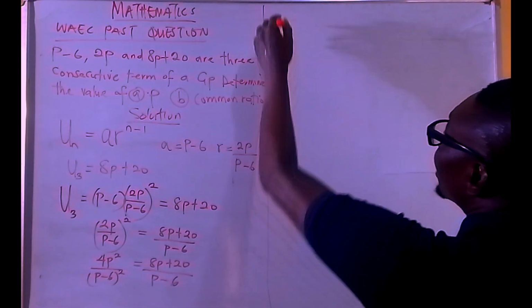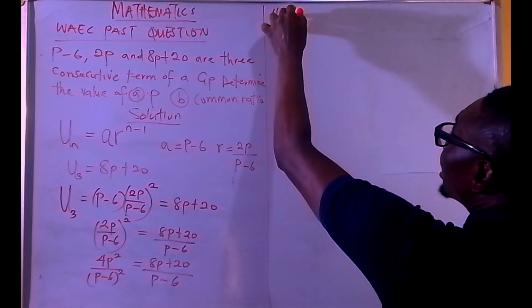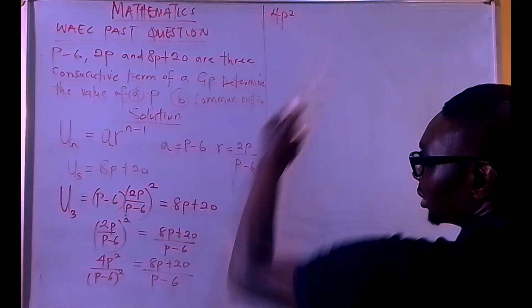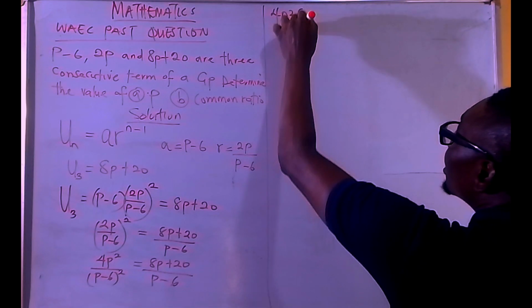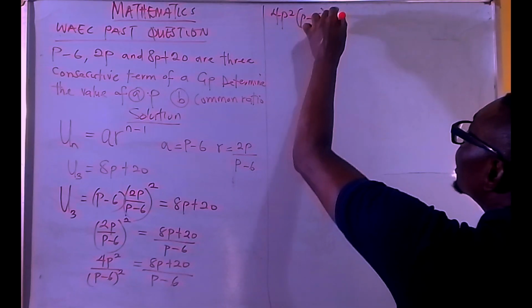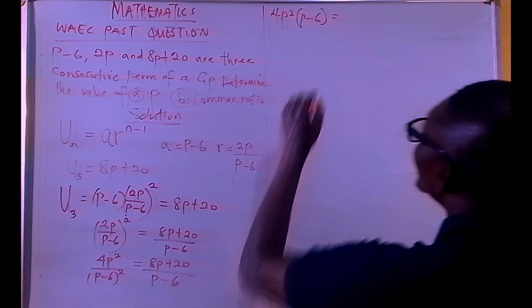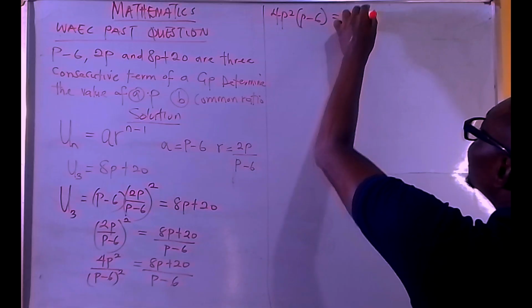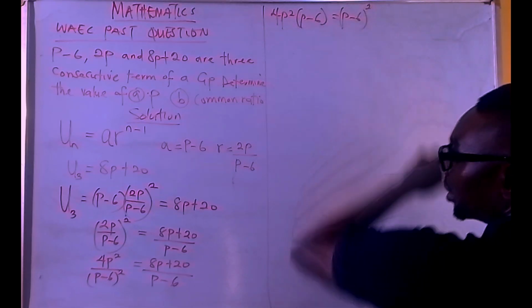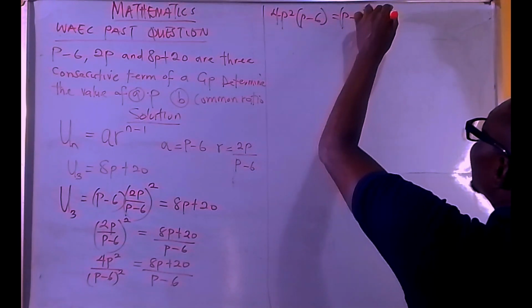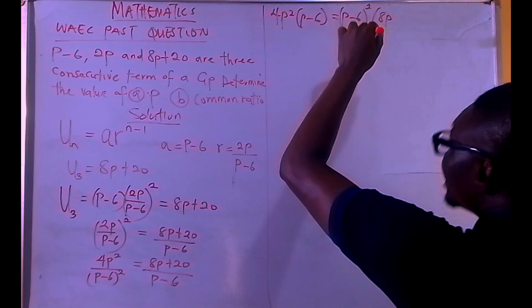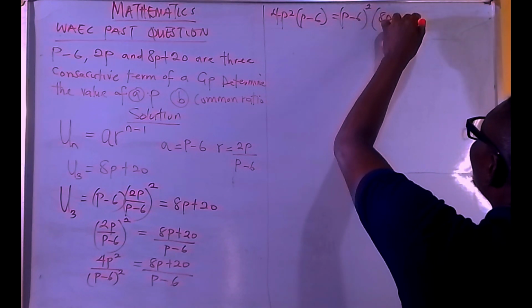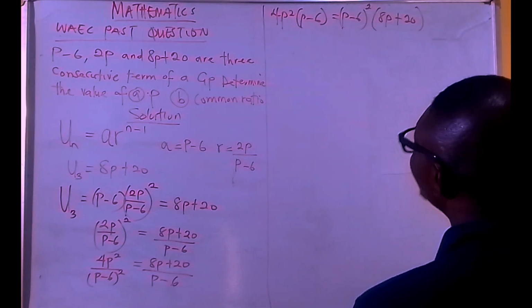If you cross multiply, we'll have 4P squared times P minus 6 is equal to P minus 6 squared times 8P plus 20.